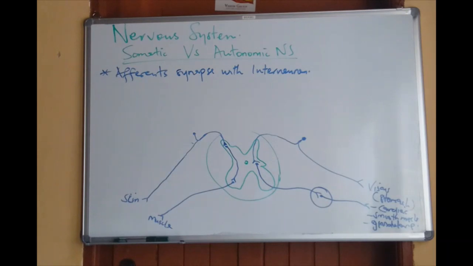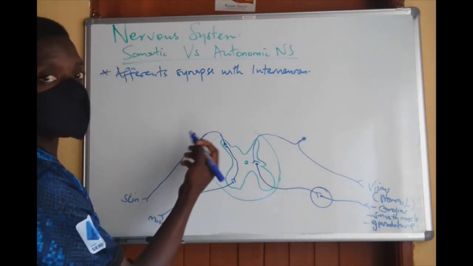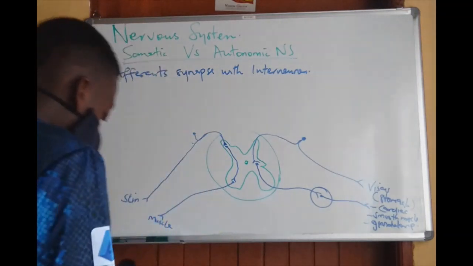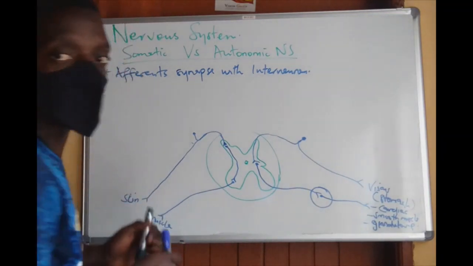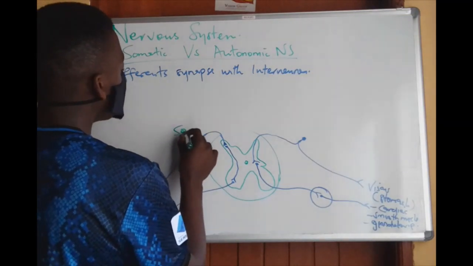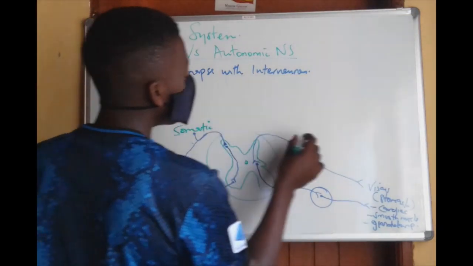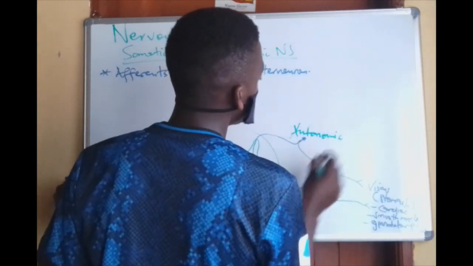As you can see, that of somatic, because I said this is the somatic, I didn't label it, let me label it. If I'm to label this, we say this is the somatic, this is the autonomic nervous system.